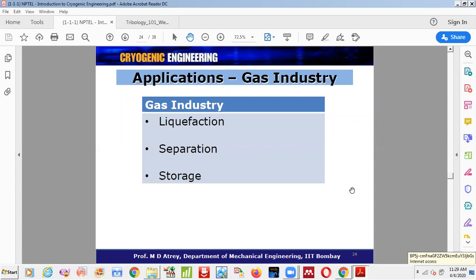That means if atmospheric pressure is 1 kilopascal, the pressure of the liquid oxygen or liquid nitrogen preserved in the cylinders will be 200. That is very huge. If you keep a 200 pressure jet in your hand, it will make a hole and go through without your knowledge. That is the effect of that pressure.